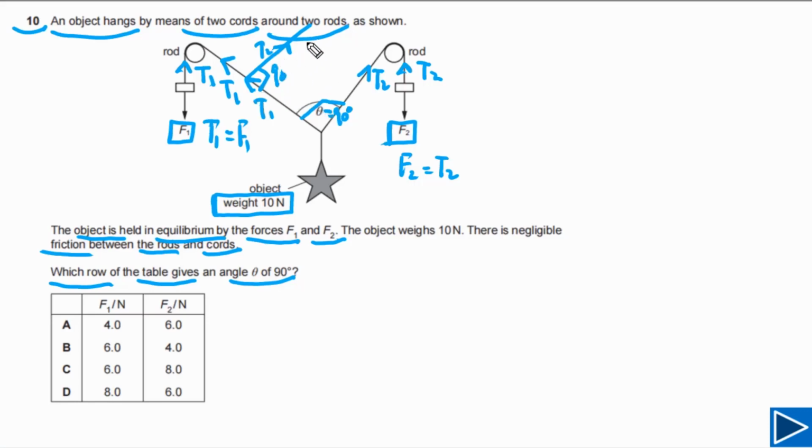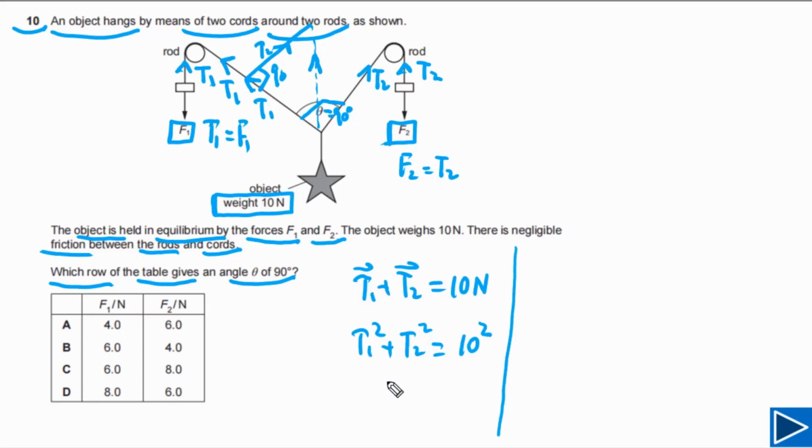So the vector sum of T1 and T2 has to be equal to 10 newtons. Simply, we can say T1 squared plus T2 squared, meaning the magnitudes, has to be equal to 10 squared. This is what we need to understand.